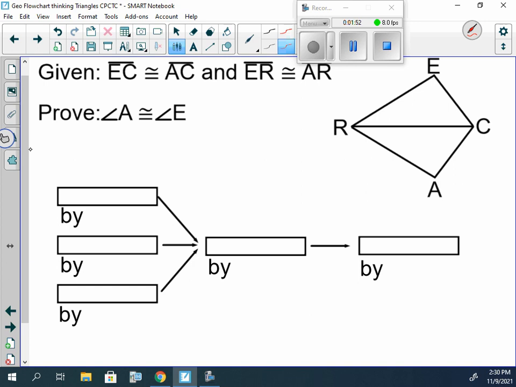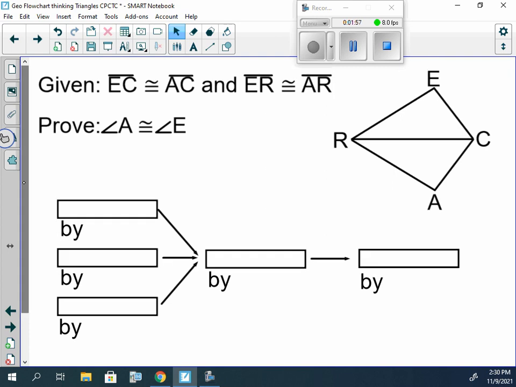Whenever we look at a proof, we always want to start with the given information. So when we look at this here, we're given that EC is equal to AC, because that's what they told us first, yes? Okay, so we can start off with EC congruent to AC. Why? Well, it is given, because that's the given information.